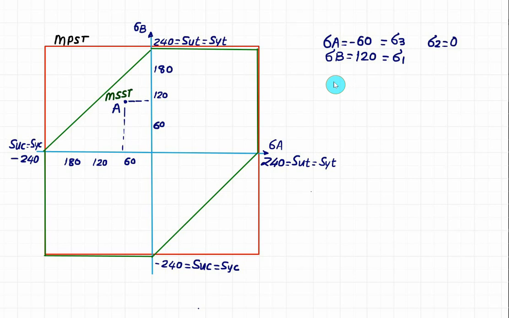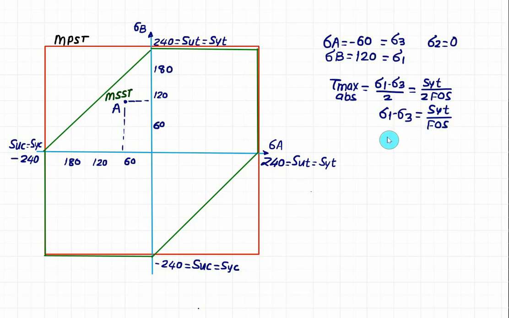So let's calculate again. Tau max, the absolute value, is equal to sigma 1 minus sigma 3 divided by 2, which is equal to SYT divided by 2 times the factor of safety. So 2 and 2 cancel. We have sigma 1 minus sigma 3 equal to SYT divided by factor of safety.